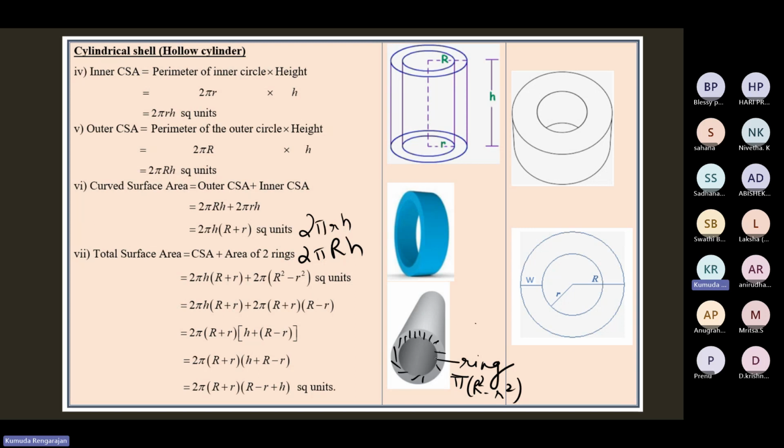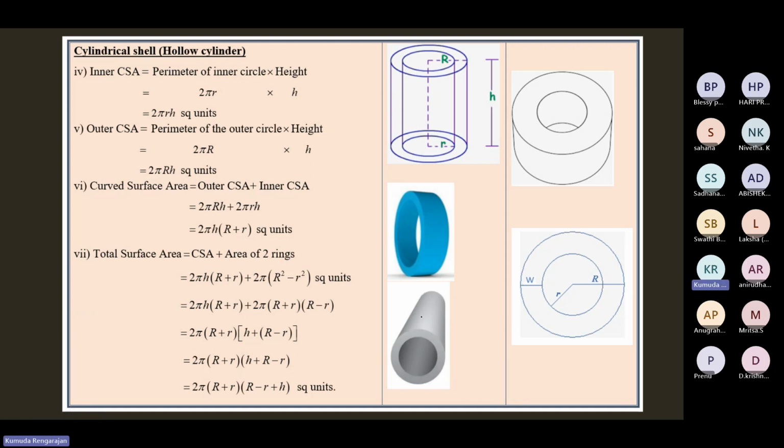Now, similar to this ring, there's another ring behind also, which you cannot see. At the other end of the tube or the pipe, there's a ring which is not visible. That area is also pi R square minus r square.